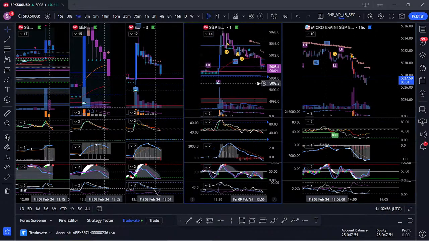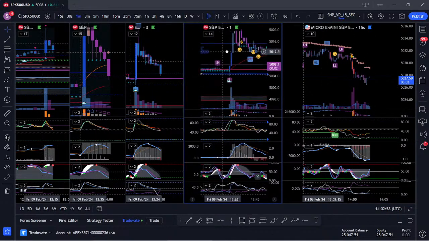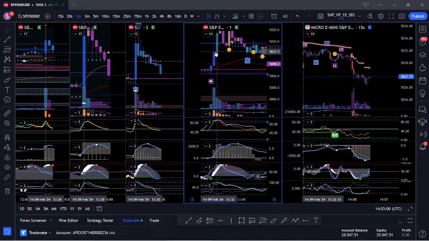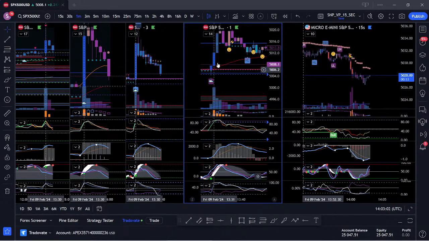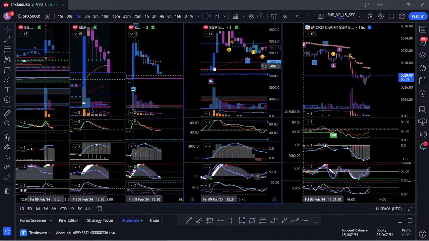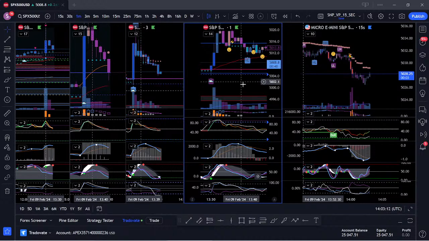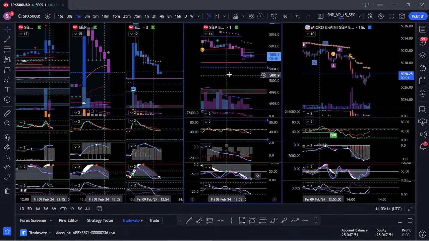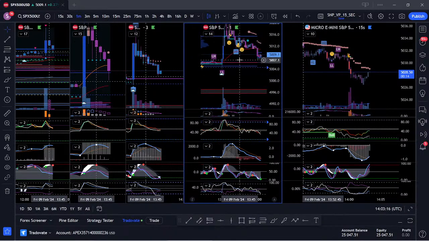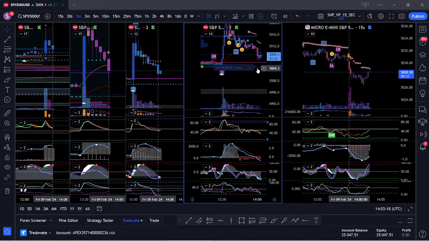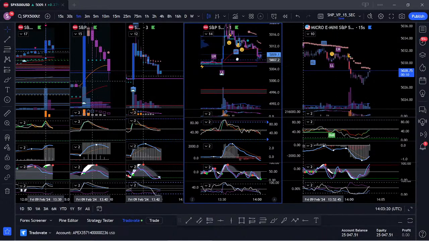Here we have strong buyers. These candles are strong buyers. And if the price goes below this, then we expect a strong move down. So I will just take this here as a strong move down.